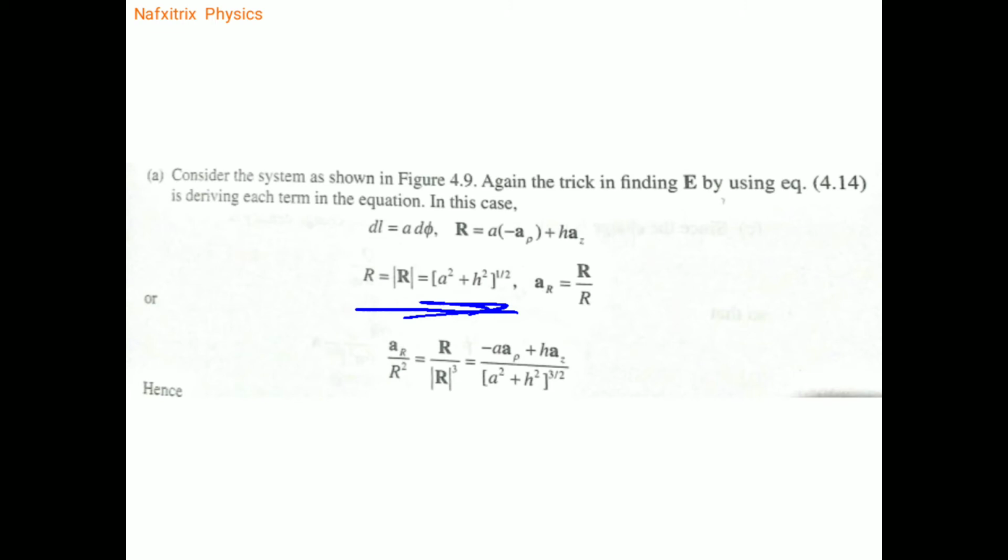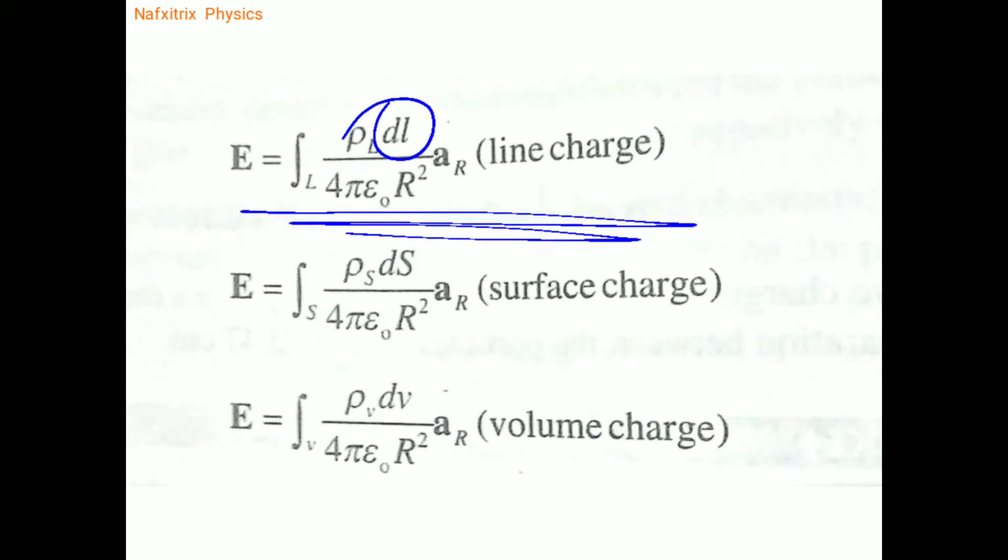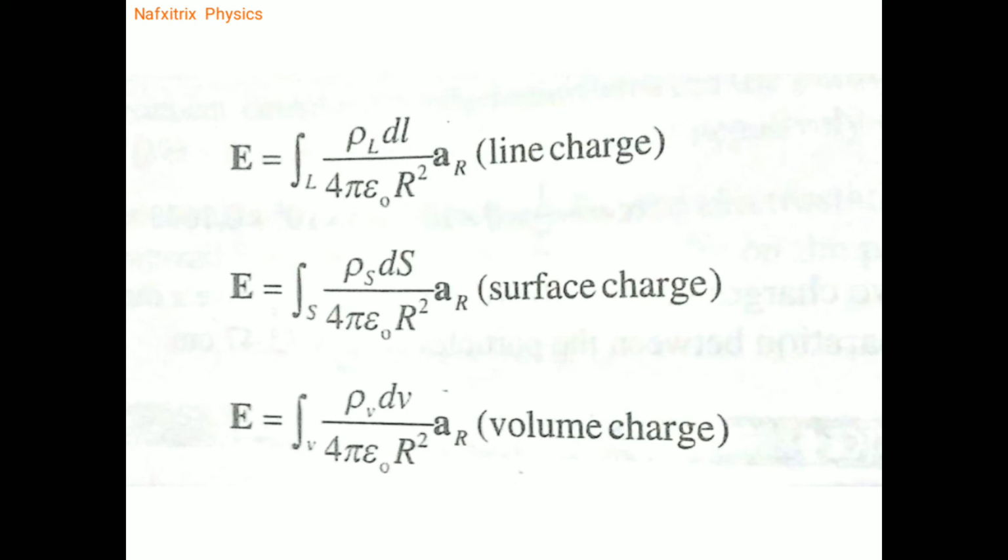We know that aR is also the R vector by the magnitude of R. In order to get the unit vector direction, we need to divide aR by R square, because in the formula we have aR by R square, where aR is the unit vector in the radial direction.